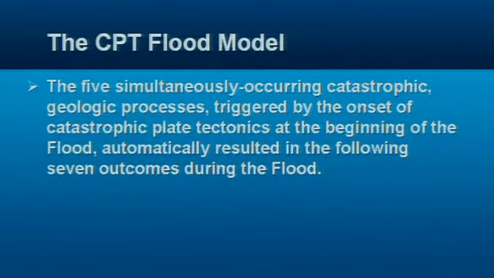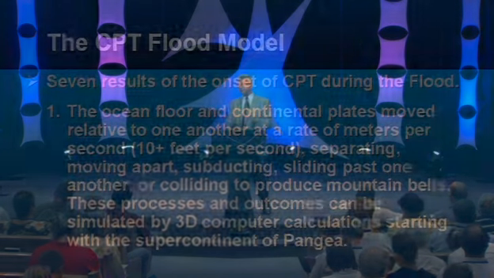Okay, as a result of these 5 simultaneously occurring processes, there are 7 outcomes during the flood. Once we trigger it with these 5 simultaneous catastrophic geological processes, we have 7 immediate outcomes. Okay, the first one is the ocean floor and continental plates move relative to one another at rates of metres per second.